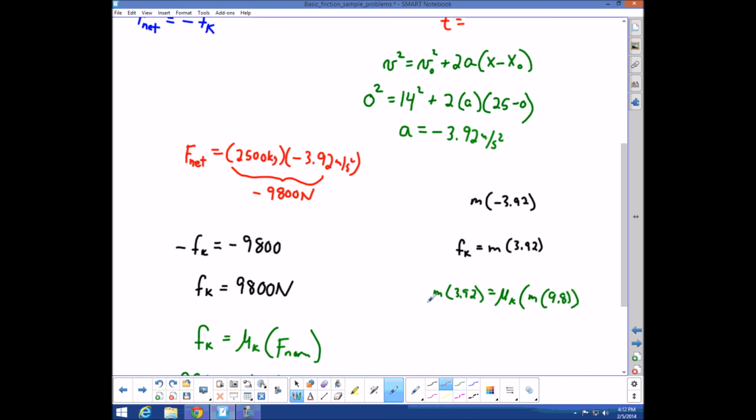And you can see right here that the mass would have divided out. The coefficient of kinetic friction was just 3.92 divided by 9.8.